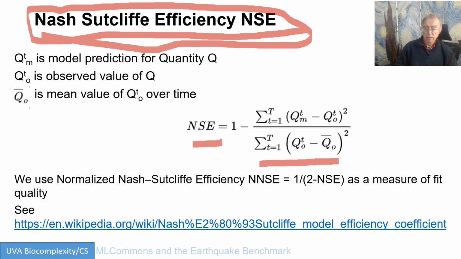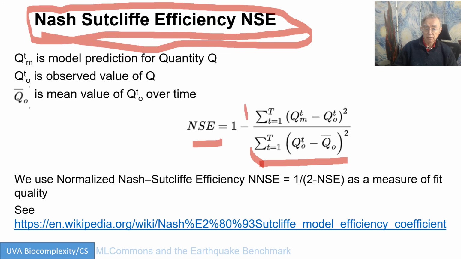This thing here is the square error of the observed value as a function of t minus the mean value over all t. So this is the variance of the data as a function of time.